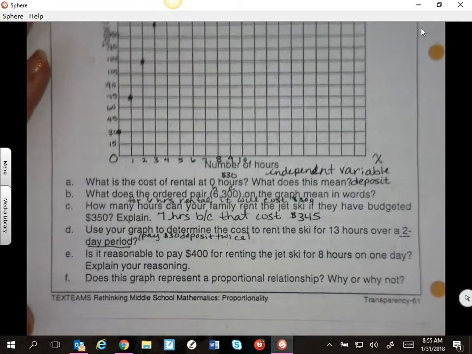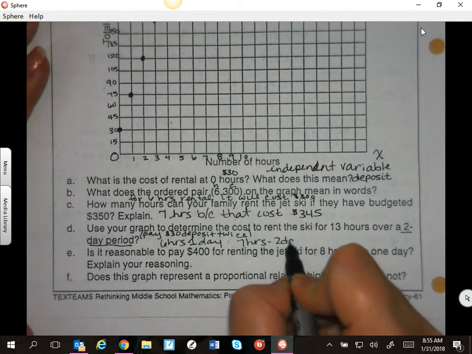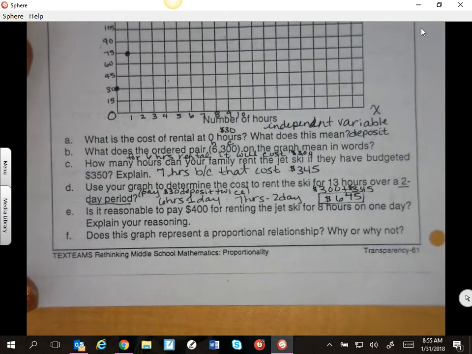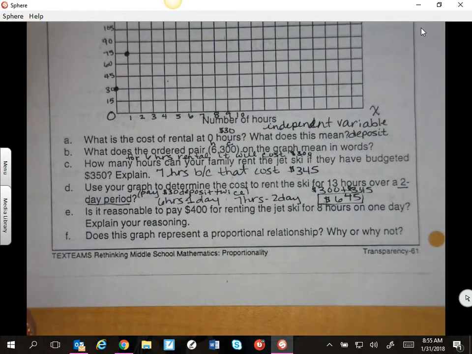So we could say if we did 6 hours one day, 7 hours second day, then we would say $300 plus 345. We could say $645. And that's just one way you can calculate it using your graph. It may be that maybe you make a deal with the person you're renting it from and you only have to pay the deposit once, but it doesn't say that.